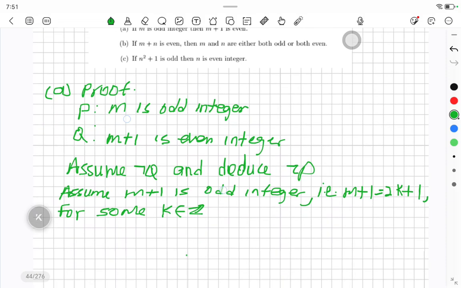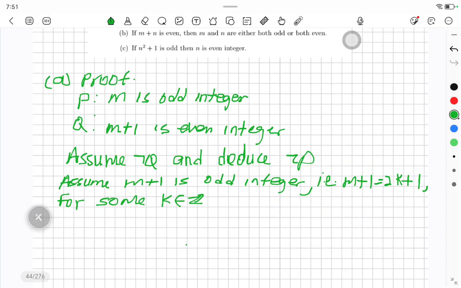You see, right? And then now we need to arrive where m is even. Remember, we need to deduce the negation of P, which means that m must be even. So we're going to have this. We have from the beginning m plus 1 is equal to 2k plus 1. And this implies that m is equal to 2k plus 1 minus 1.